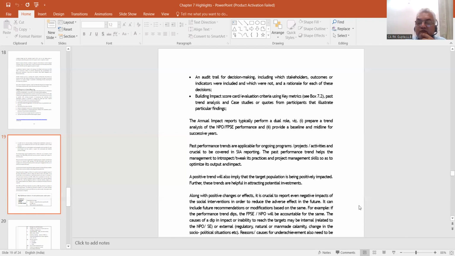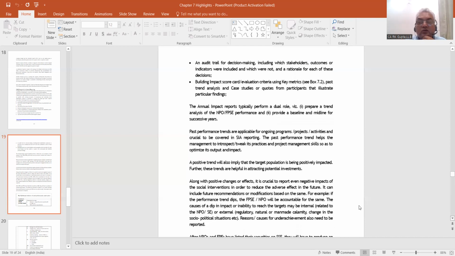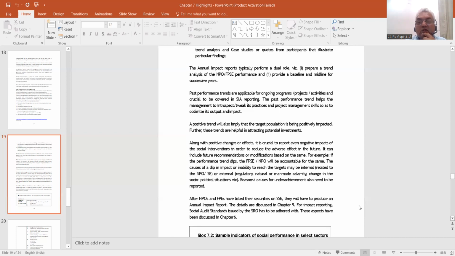Then reasons or causes for underachievement also need to be reported. So both the positive impact as well as negative impact needs to be reported, and it is crucial. The negative impact or changes are also equally crucial, and the factors could be internal or external.